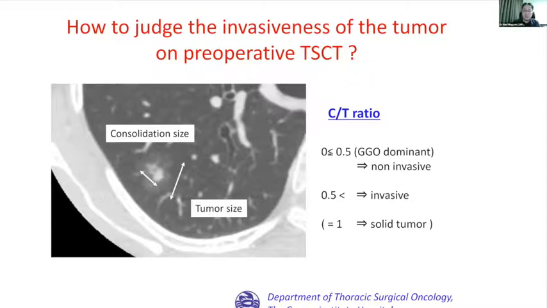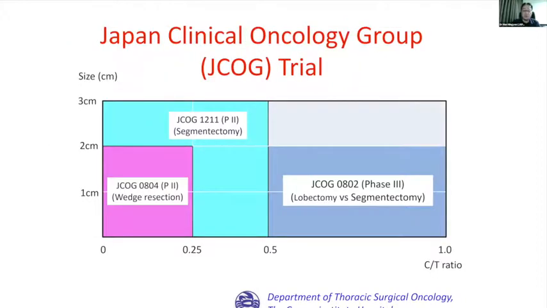This is the most simple method. And recently, PET-CT scan became available for judging the invasiveness of the tumor. Now in Japan, we have 3 trials for peripheral small-size lung cancer.